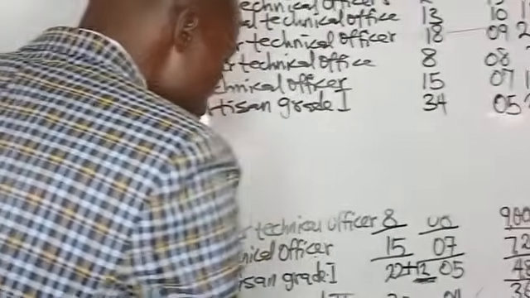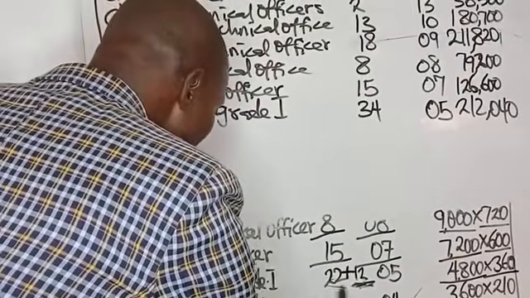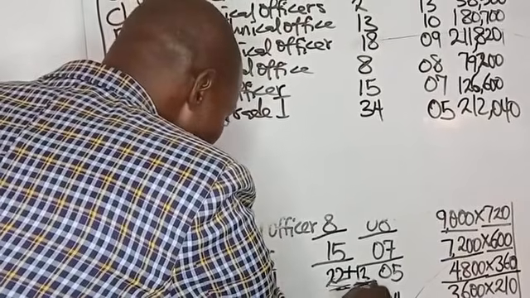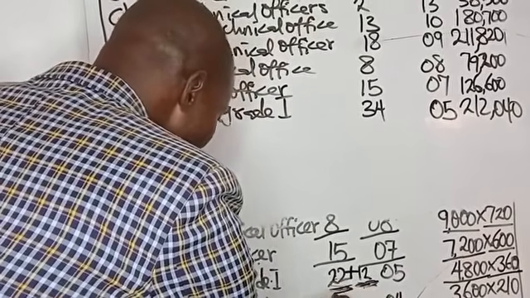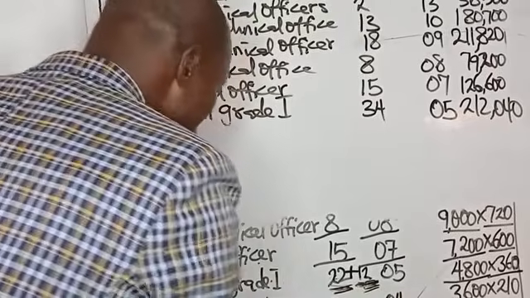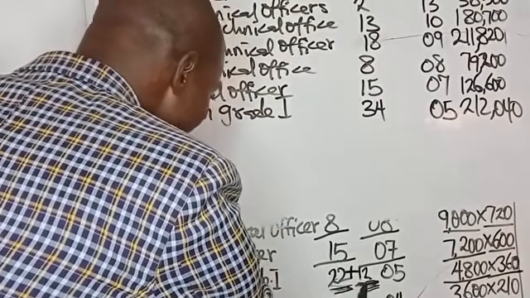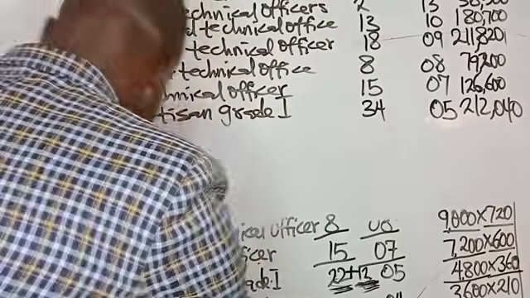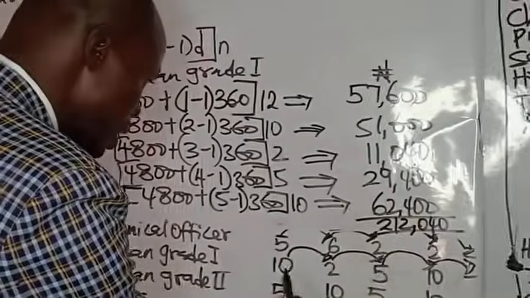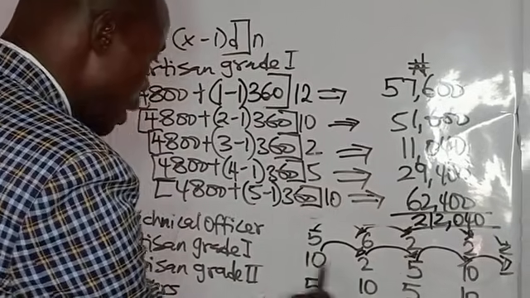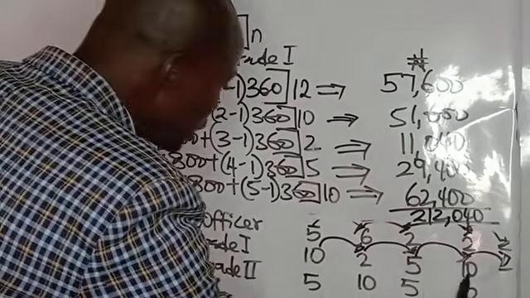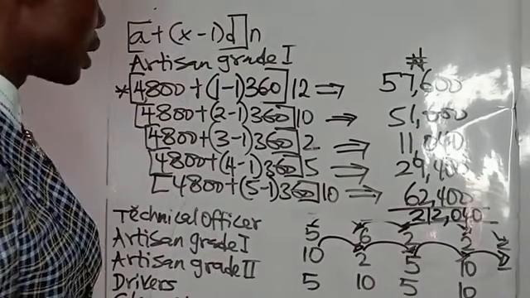You had 22 artisans before, and 12 were newly recruited. Now, 22 plus 12 is also 34. But if you sum this up, it is more than that, and you will discover that it is more than 34.